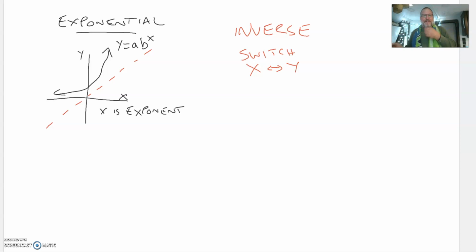X comes out of the function. If we were to switch all of these x, y dots, they would be reflections over the y equals x imaginary line there. And that's what an inverse does.